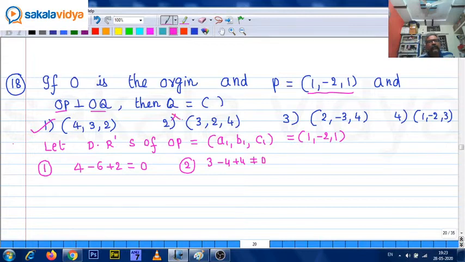Second option has been eliminated. Go to third: 2 plus 6 plus 4 does not equal 0. Third option has been eliminated. Go to fourth option: 1 plus 4 plus 3 does not equal 0. Fourth option has been eliminated. So the first option is the right option.